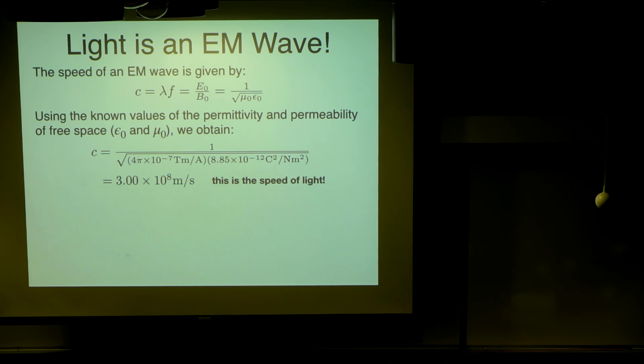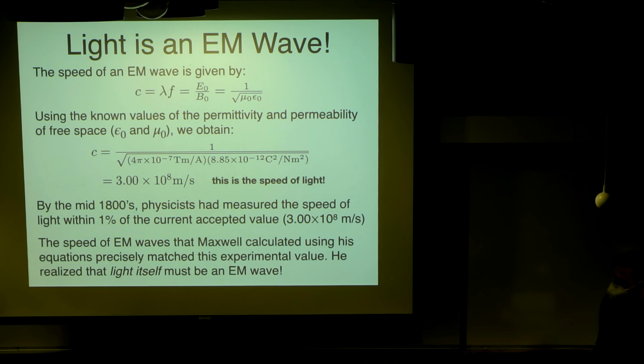And Maxwell himself did some calculation, not exactly like what we're doing here, because we're using a more modern notation for the equations. But he pretty much did this, and he determined that the speed of EM waves is equal to this value, according to the known values of epsilon naught and mu naught.